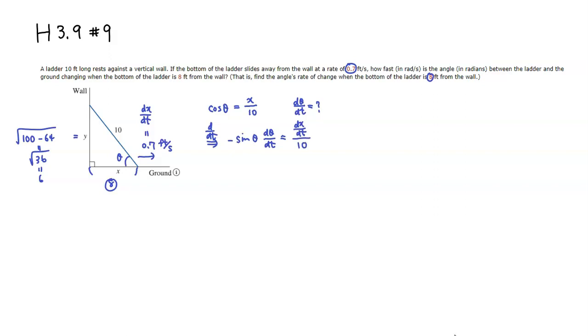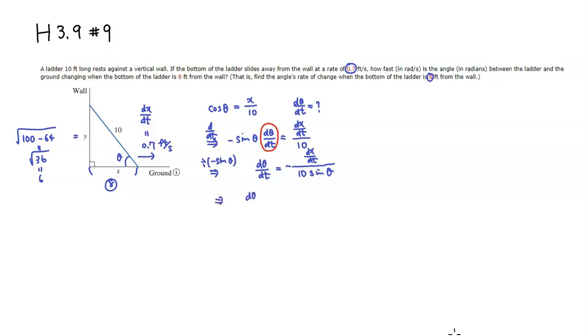Since we're interested in d theta over dt, I'm just going to isolate it by dividing through by negative sine of theta. So d theta over dt is dx over dt on top, there's a 10 already, and then you have the negative sine of theta. So we need to find these values here.